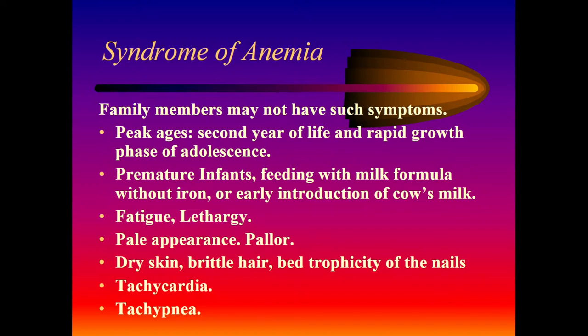Syndrome of anemia: family members maybe do not have such syndrome, peak age is second year of life and repeat growth phase of adolescence, premature infants, feeding with milk formula without iron, or early introduction of cow milk. It may be a risk group of syndrome of anemia.